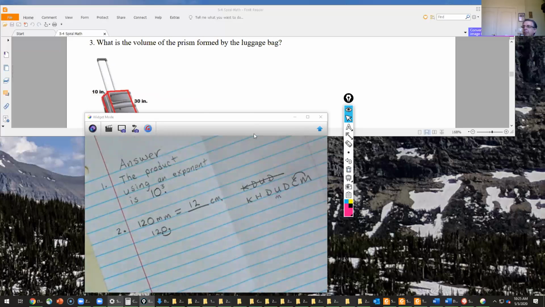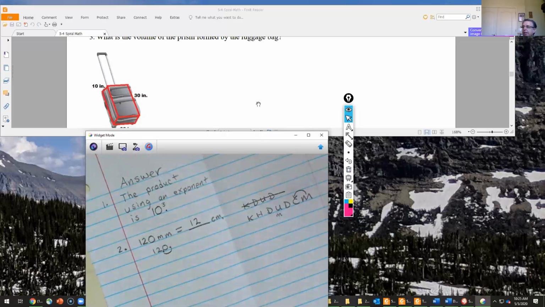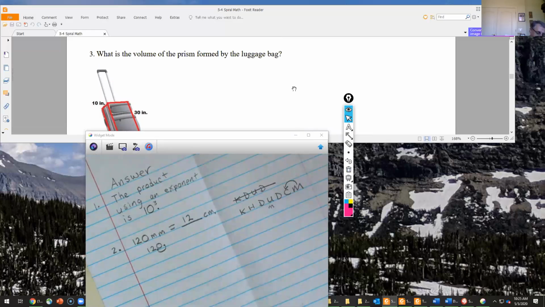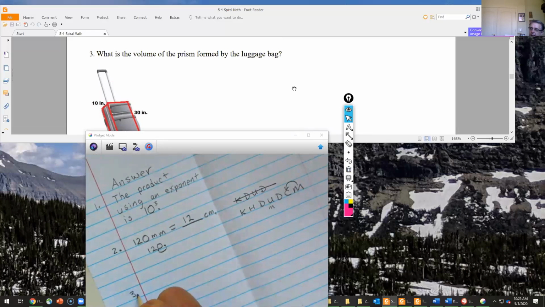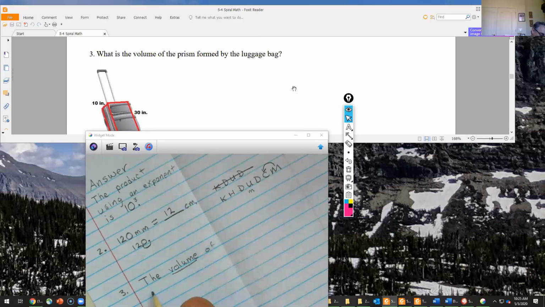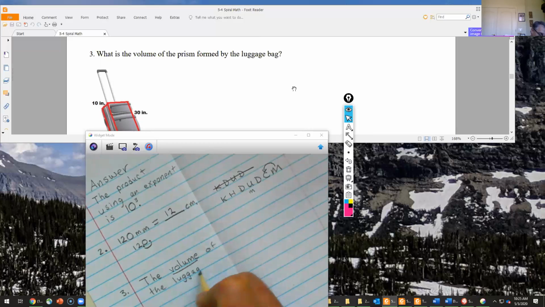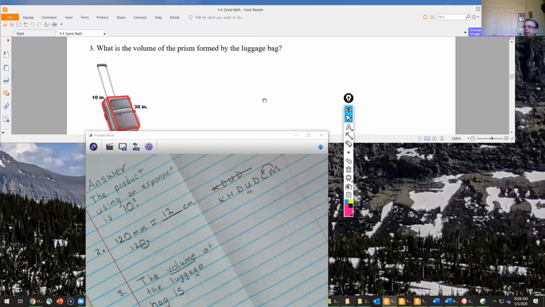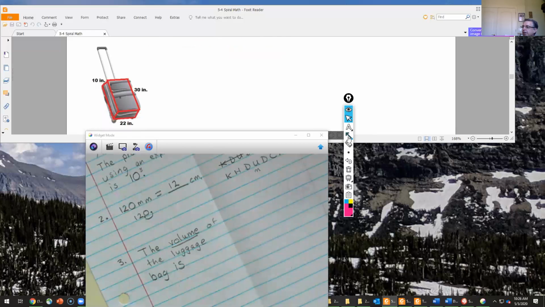What is the volume of the prism formed by the luggage bag? So I can make my answer make sense, let me just pull up my question one more time. I could say the volume of the luggage bag is, and I want to see what my unit of measurement is here.